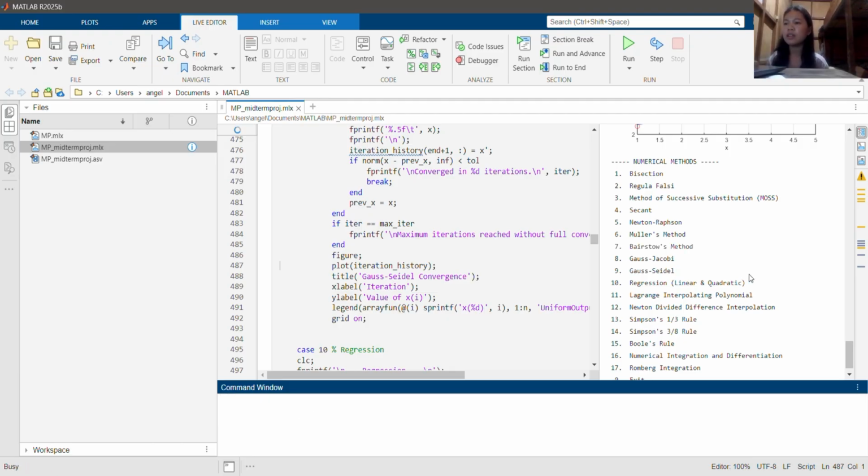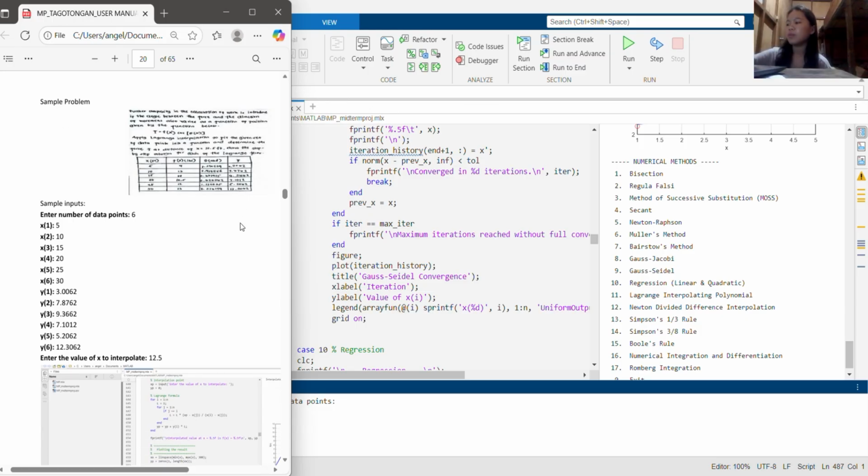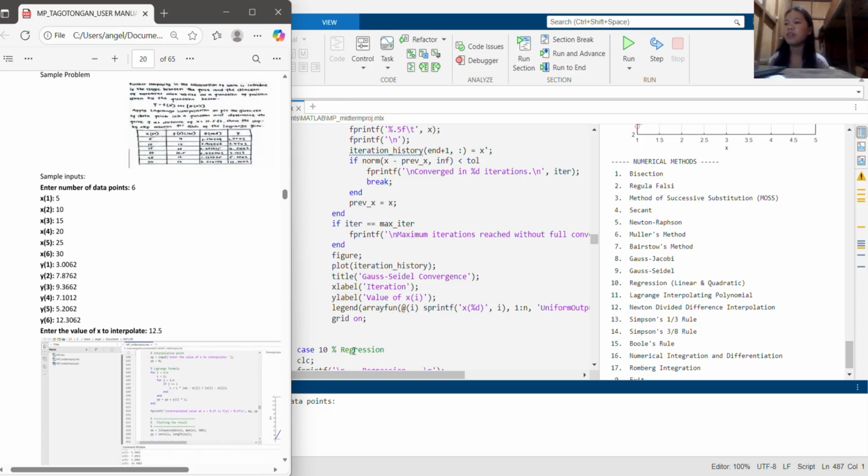Next is the Lagrange interpolation polynomial, which is number 11 in our choice.